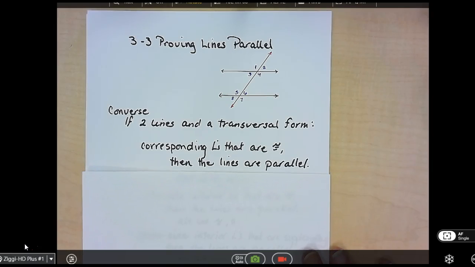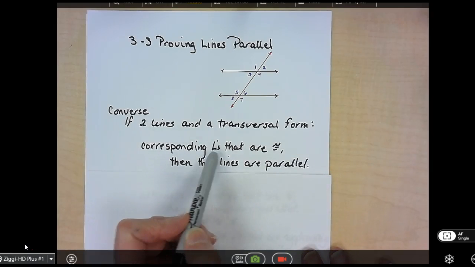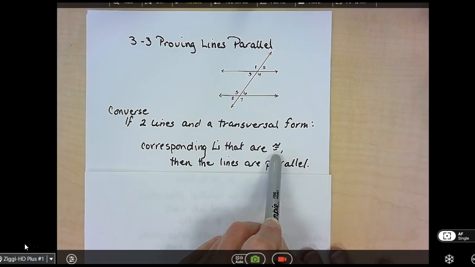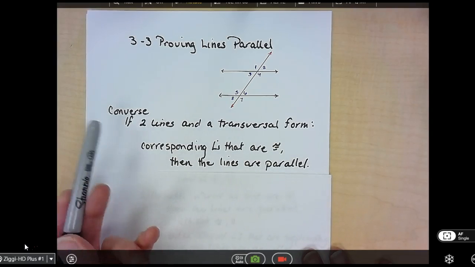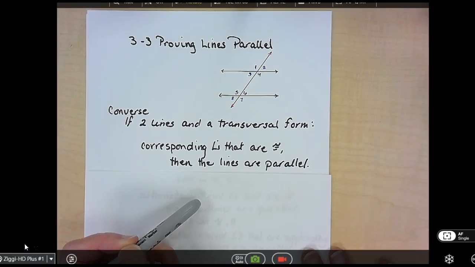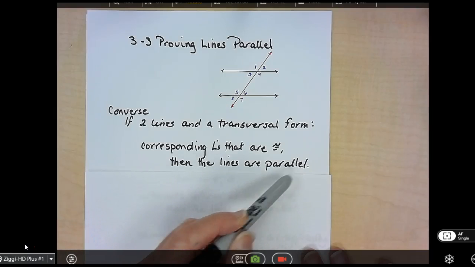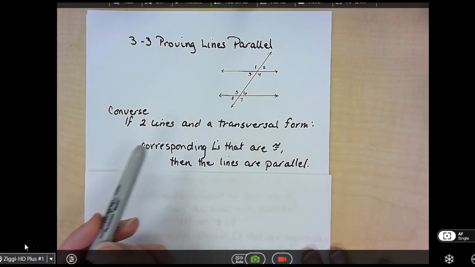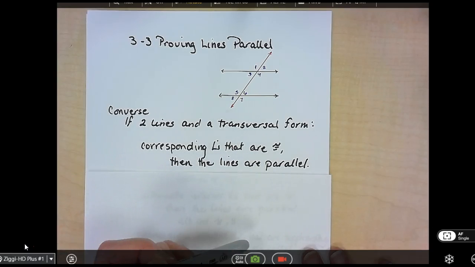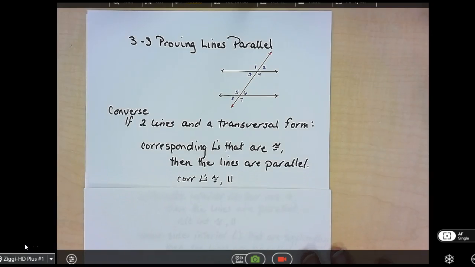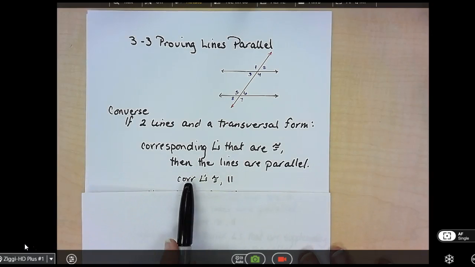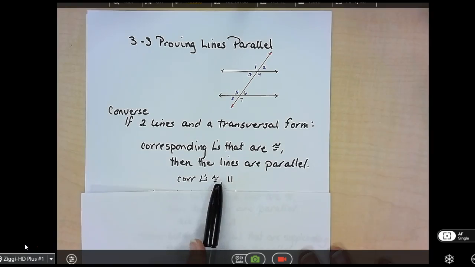So if two lines and a transversal form corresponding angles that are congruent, then the lines are parallel. So it's just the converse. Before it said if two lines were parallel and cut by a transversal, then the corresponding angles were congruent. So we are just flipping it. We can abbreviate this: corresponding angles are congruent, comma, then the lines are parallel.